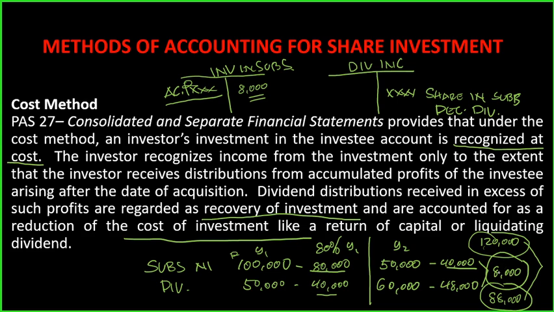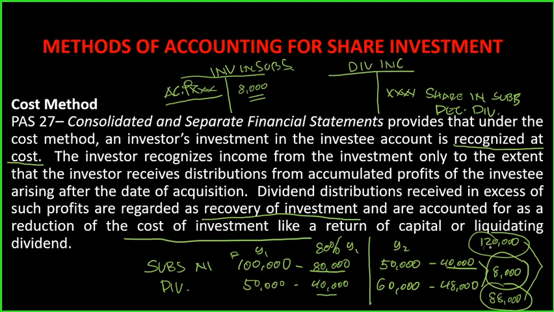So, sir, what is correct? Are we going to record a return on investment of 8,000? Or are we going to just ignore because there is no return on investment? Why? Because the cumulative profits or share in the profits is 120, while the cumulative dividends received is only 88.